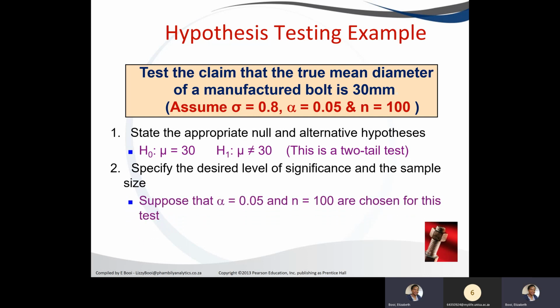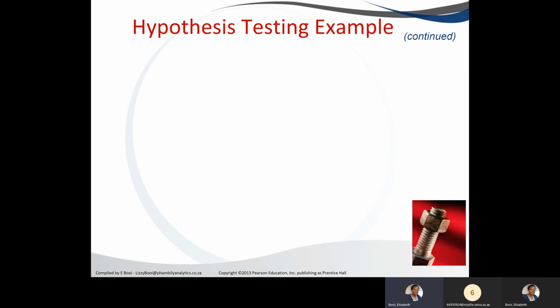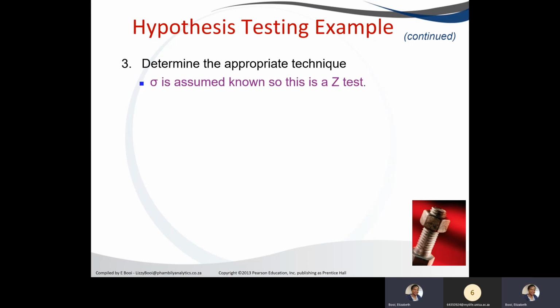So we can state all of them, or in terms of alpha and n, we're given 0.05 and n is 100. Step number 3, determine what kind of test we're going to be doing. We're doing a Z-test. That's all we need to know, because the population standard deviation is known.